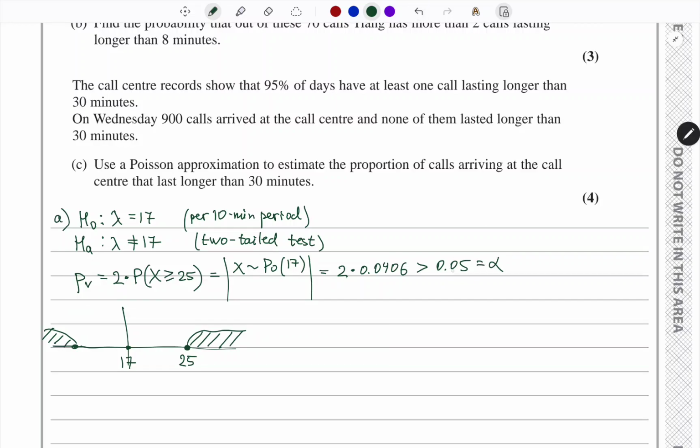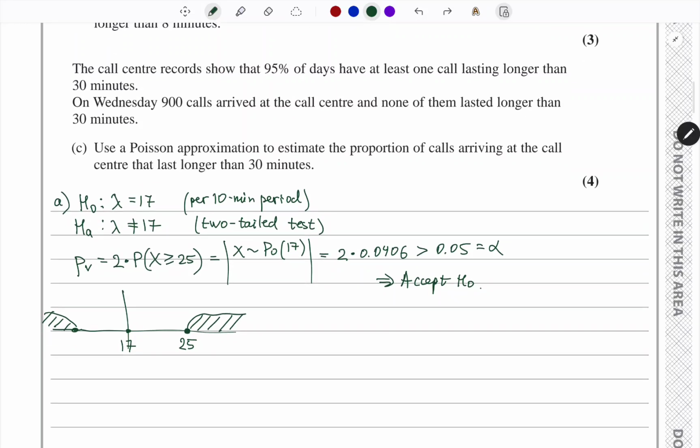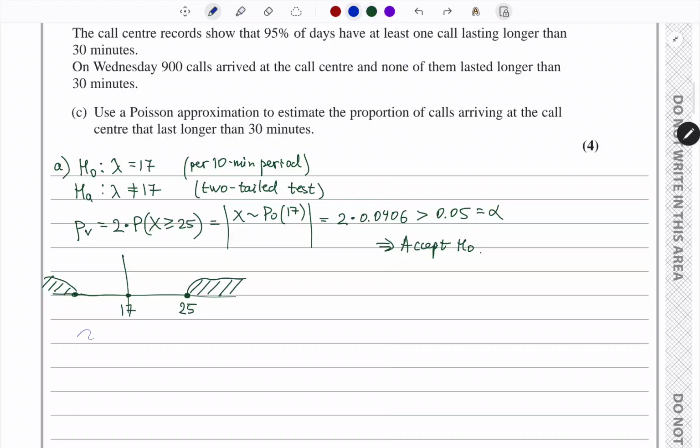It means I accept the null hypothesis. The full phrase must sound like this: with a 5% significance level, I have not enough statistical evidence to reject the null hypothesis. In other words, I accept it. But I don't want to write this full phrase because it's so long.